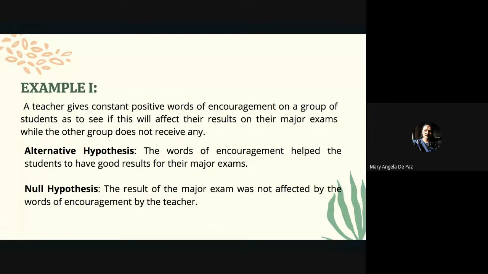For our null hypothesis, it states that the result of the major exam was not affected by the words of encouragement by the teacher. So after the experimentation, the teacher saw that the words of encouragement did not affect their students' scores. Therefore, we failed to reject the null hypothesis. So the words of encouragement given by the teacher to their students have no significant effect on their major examination.